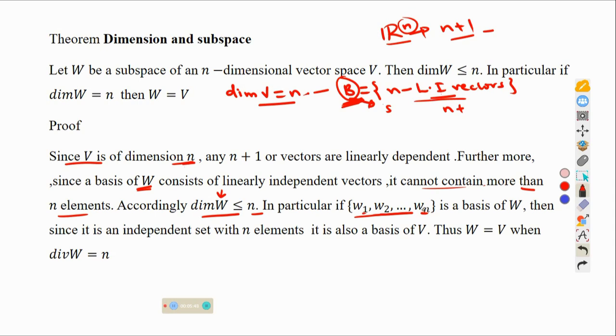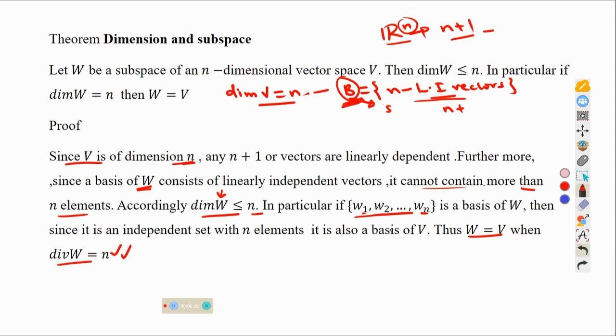For that case, this will actually be the same as the basis of V. Remember, the basis of V also contains n elements, and this basis of the subspace also consists of n elements. So in that case, we shall say that the subspace and the vector space are actually the same when the dimension of the subspace is equal to n.